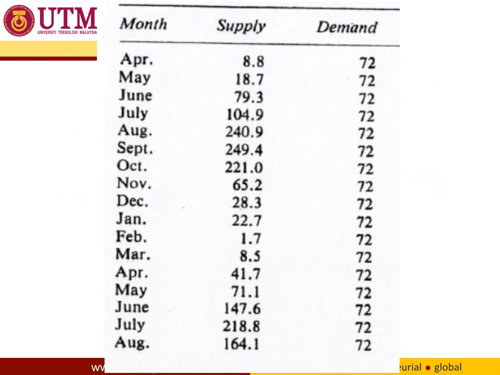So again here you have a supply. Supply is the inflow going into the reservoir. And you also have demand. Demand is the water needed by a certain population which uses the water supply from the reservoir.